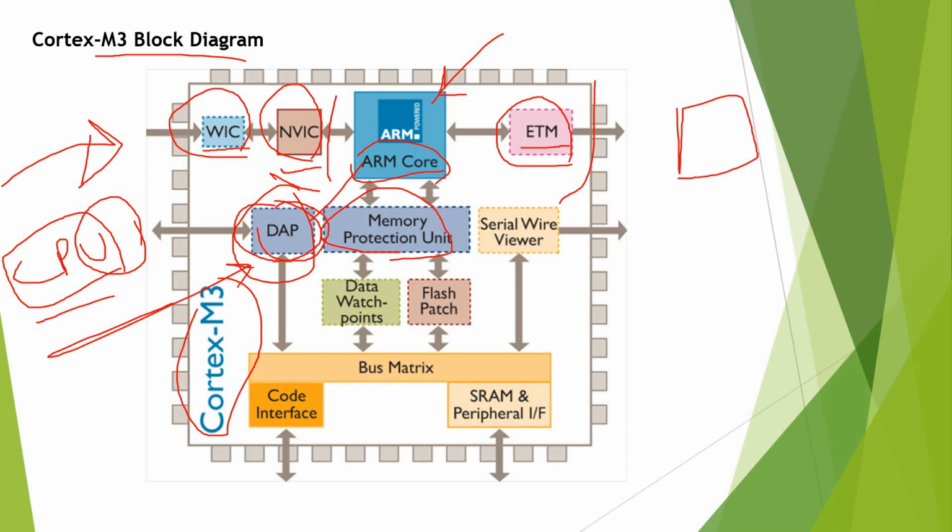Then we have some other blocks related to debugging, like the flash patch and breakpoint unit. This unit offers the possibility to set hardware breakpoints, to halt the CPU, to single step, also to patch the code, and many other functionalities that we'll explore in the debugging lecture. We also need some way to have very basic tracing capability. I'm not talking about the advanced one, but a very basic one, like semi-hosting.